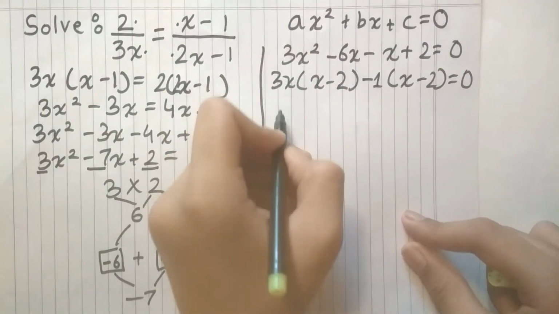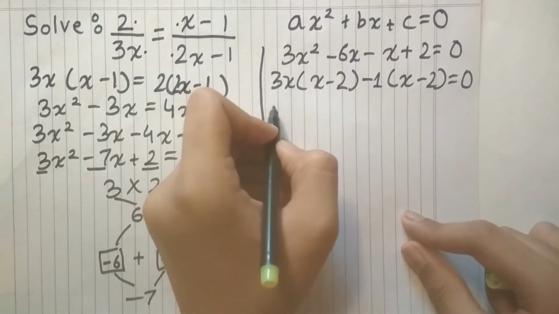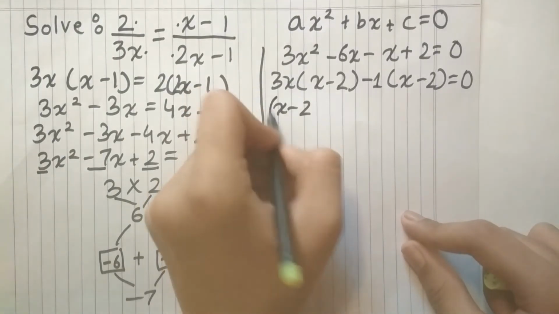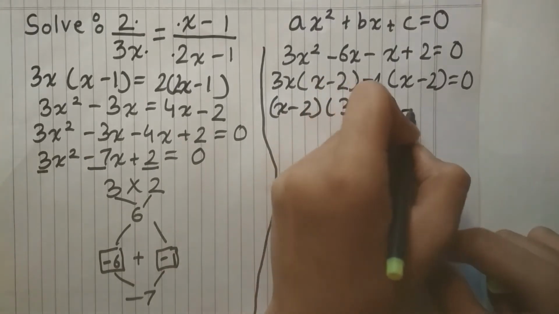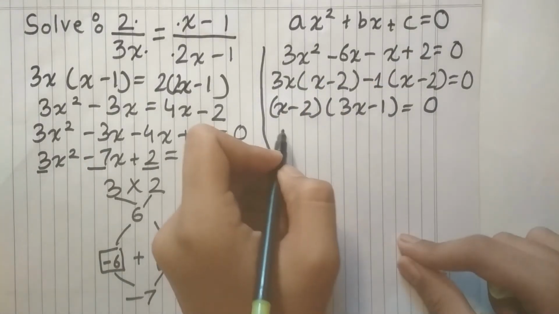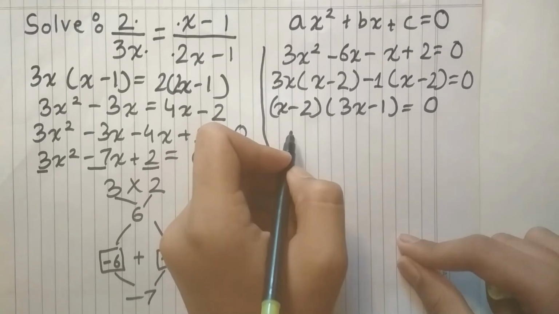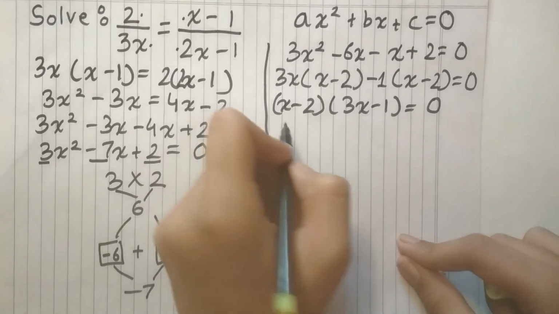So taking x minus 2 common in the left hand side, we'll get x minus 2 times 3x minus 1 equals 0. So either of them can be 0, because 0 multiplied by any number is 0.